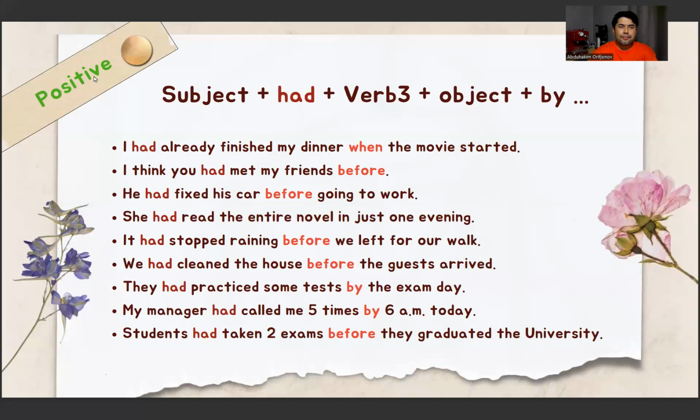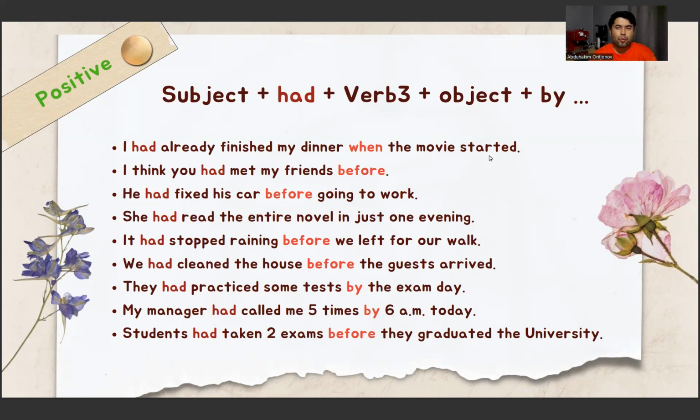Well, in positive sentences: subject plus had plus verb 3 plus object plus by, the time, when, or before time expressions. Let's see examples. I had already finished my dinner when the movie started.